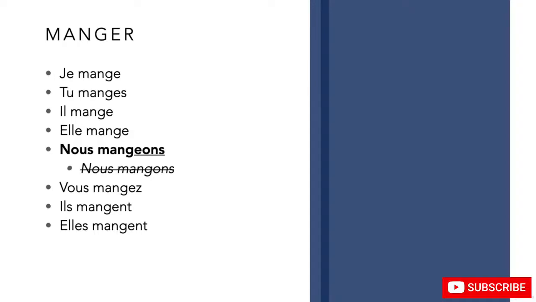But because you want to maintain the soft je sound that's in the other forms, we have to add an E, because the G just in front of the O makes a hard G sound. So we add an E to keep the same soft sound. Je mange, tu manges, il mange, elle mange, nous mangeons, as opposed to nous mangons. Vous mangez, ils mangent, elles mangent. So that E just adds more continuity throughout the verb pattern.